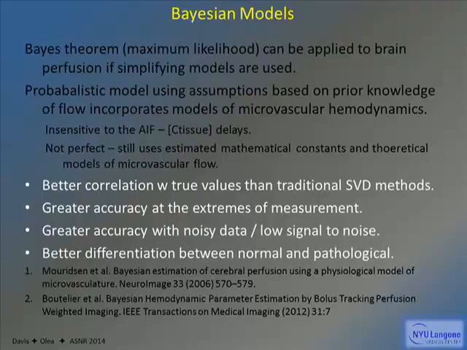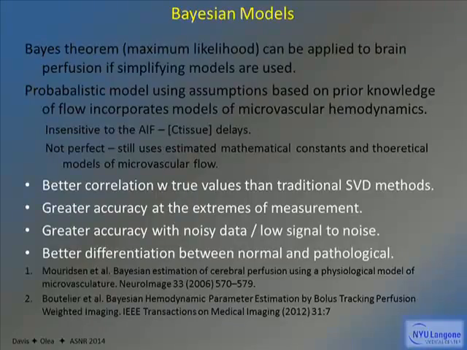So let's talk about Bayesian. Bayes' theorem, the maximum likelihood theorem, can be applied to brain perfusion if you use simplifying models. It's a probabilistic model that's based on assumptions from prior knowledge of flow, and it incorporates models of the microvascular hemodynamics. What does a Bayesian algorithm do for us?